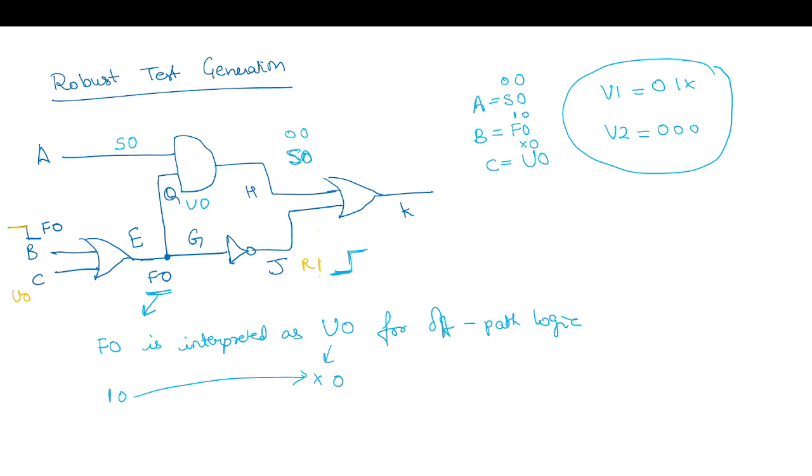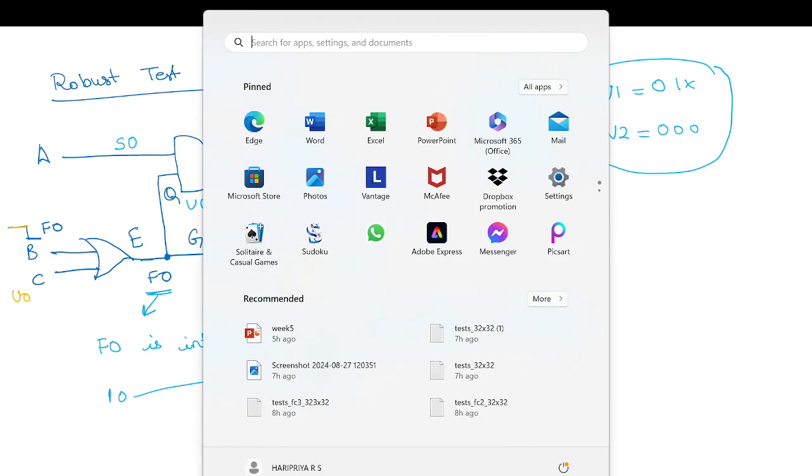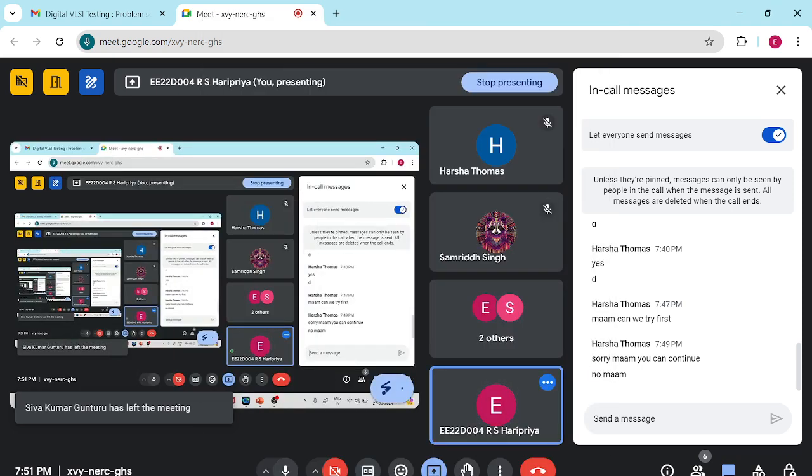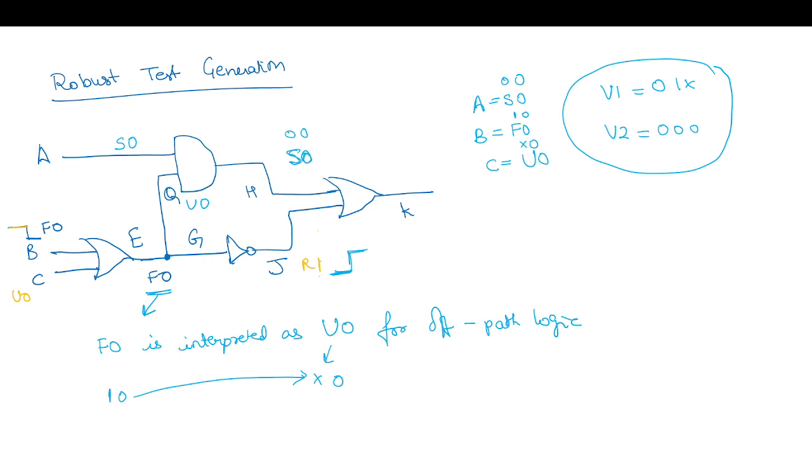Any doubts? Is this question clear? At K we will get R1, right?